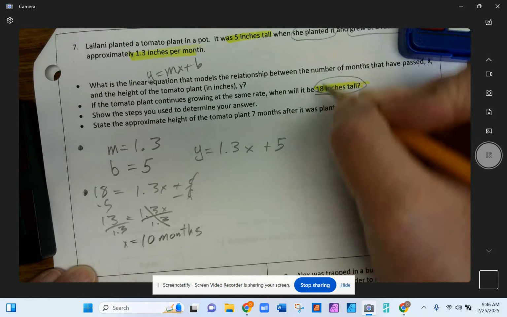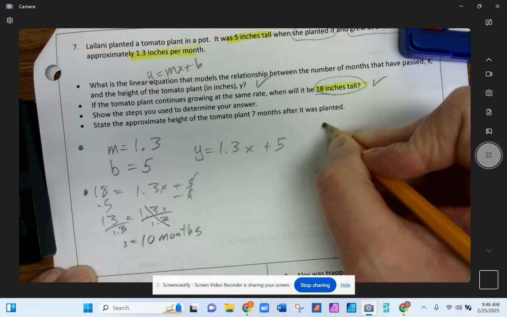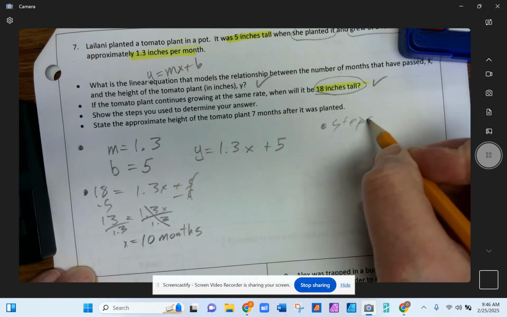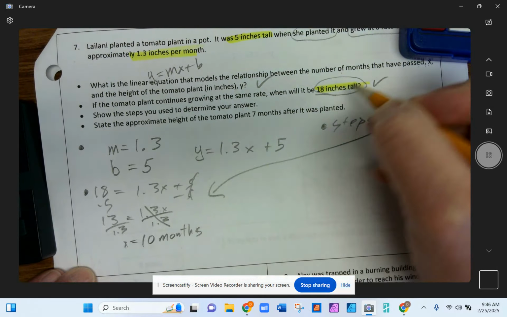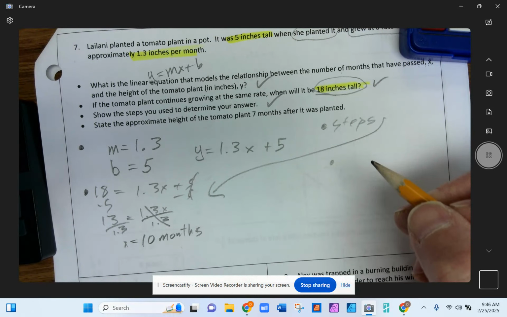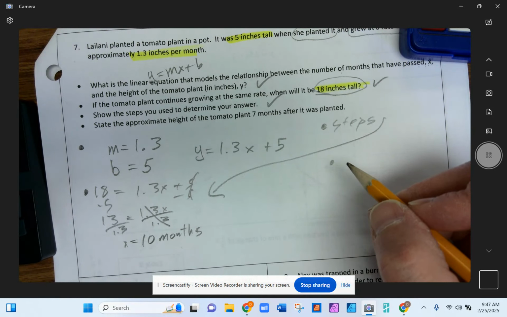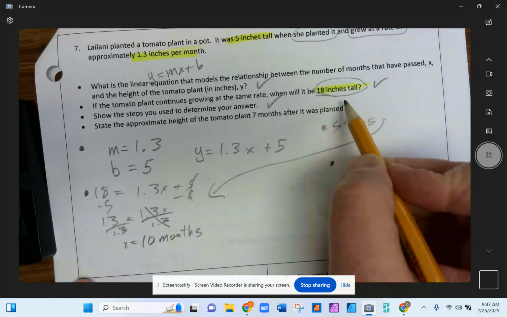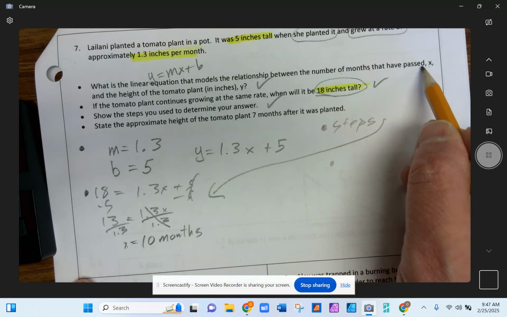Okay, so I did those two. Now I'm going to go over here for the other bullet points, show the steps you used. And the last one, state the approximate height of the tomato plant 7 months after it was planted. 7 months is the x value, the months that have passed.